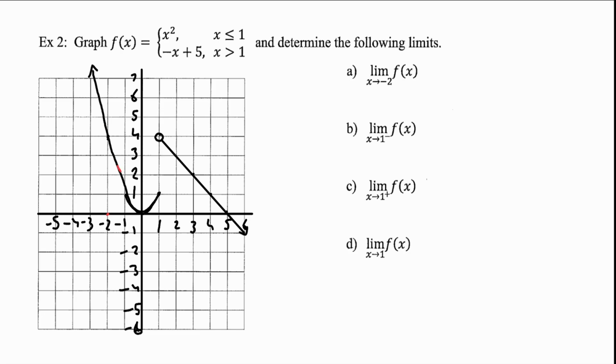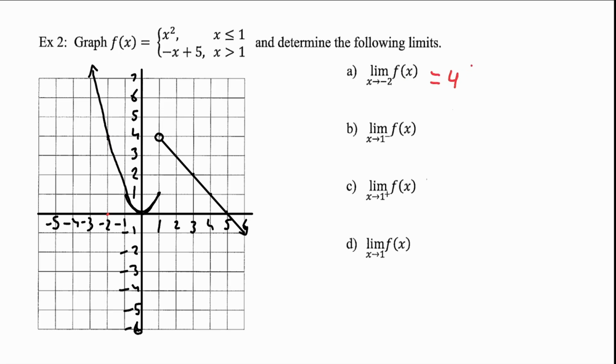So if we approach it from the right side, we can see it's heading towards y equals 4. And if we approach it from the left side, we can also see it's approaching y equals 4. So we can say that the limit as x approaches -2 of our function f of x is equal to 4.